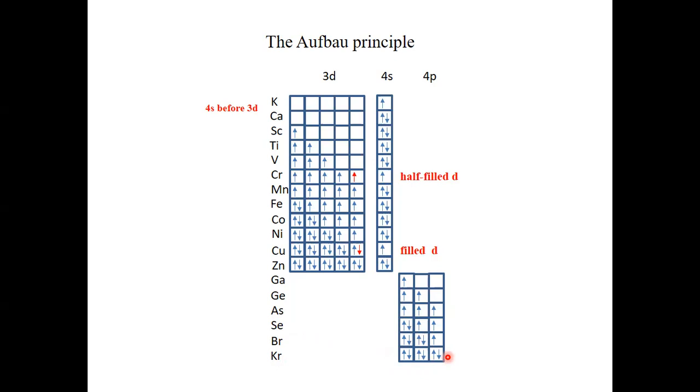Okay, so now we could continue that, but there's not then a lot new to learn. So I'm stopping here, but of course there are more electrons with more electron configurations to consider.